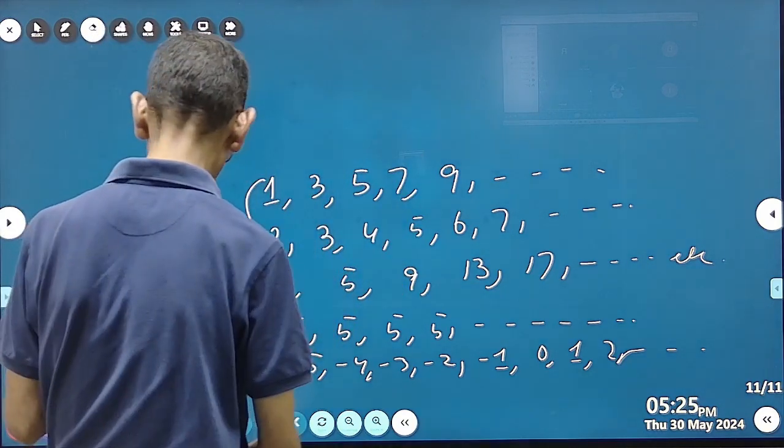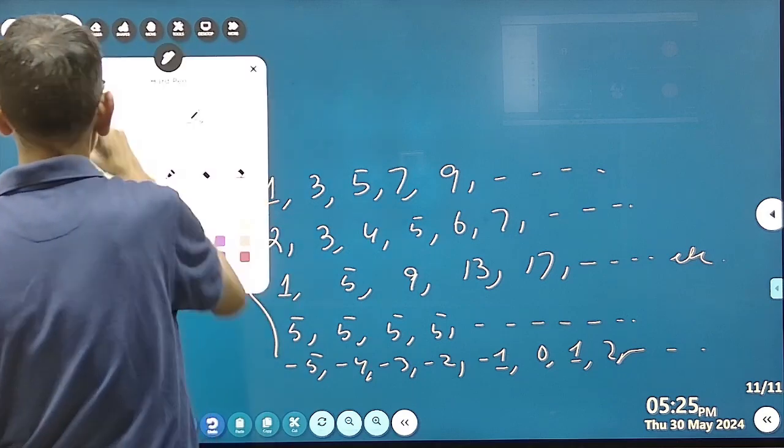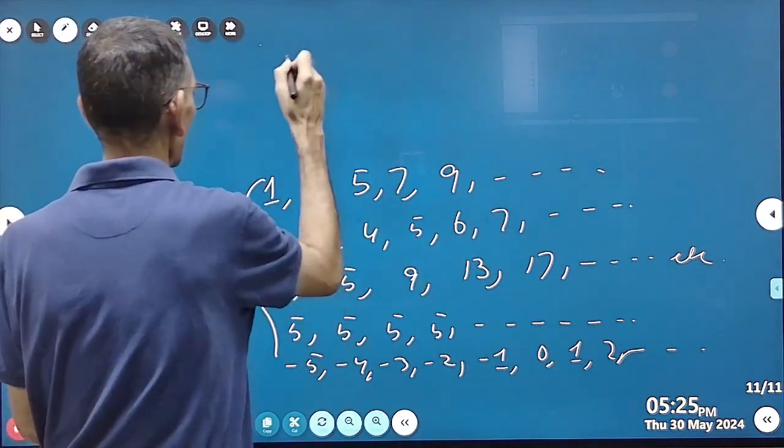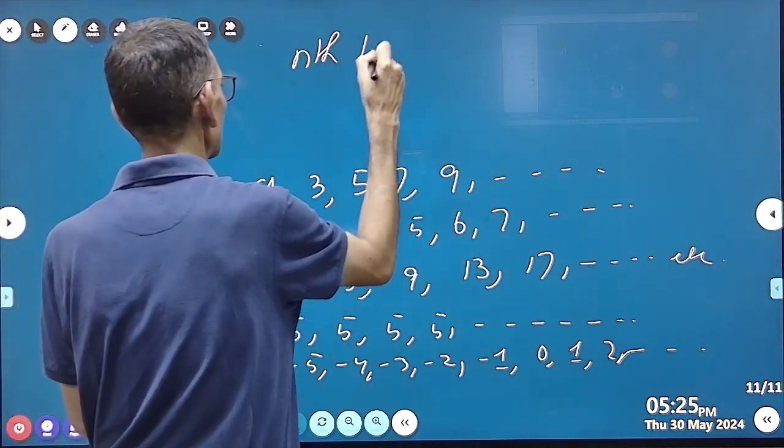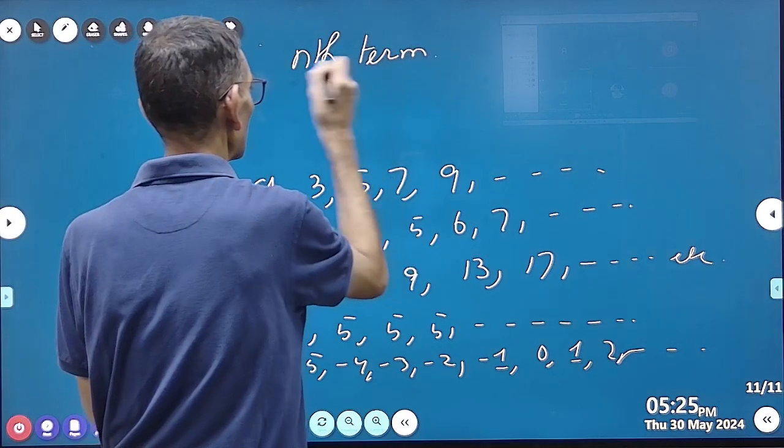So now we have got the formula. What is the formula for this? Simple formula, nth term of an arithmetic progression.